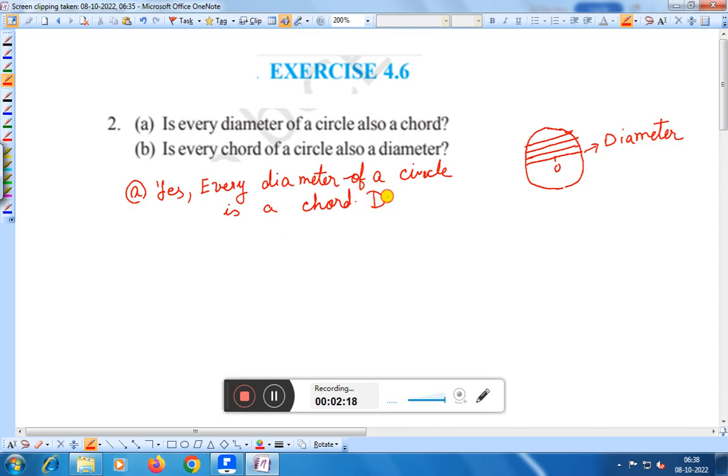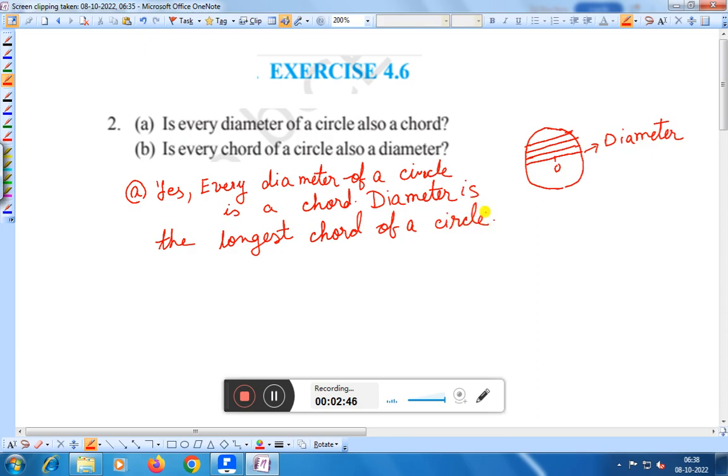Diameter is the longest chord of a circle.